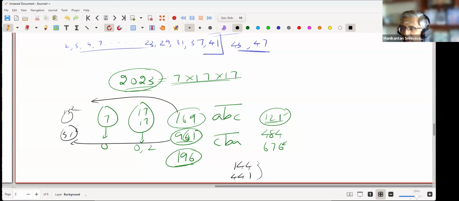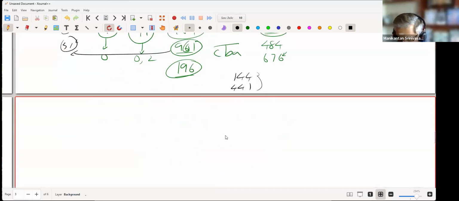Maybe one last question. All right, let's do one more on factors.